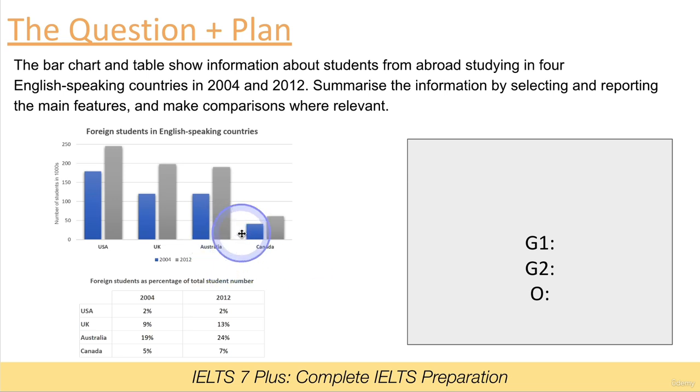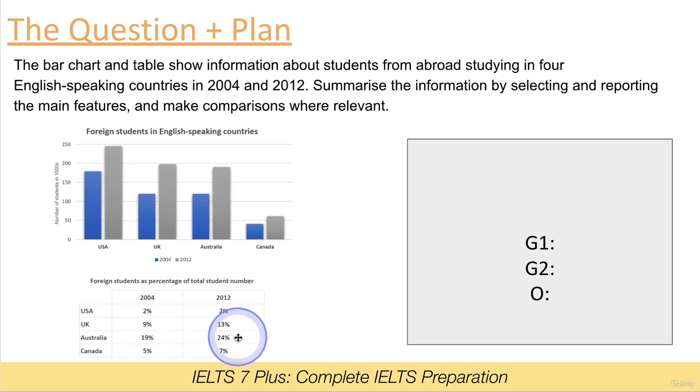So, for example, the USA, we could do this in two ways. The most students, so for example, we could go for the USA and maybe either the UK or Australia, or maybe the UK and Australia have very similar numbers of students, foreign students, or we could go by percentages.